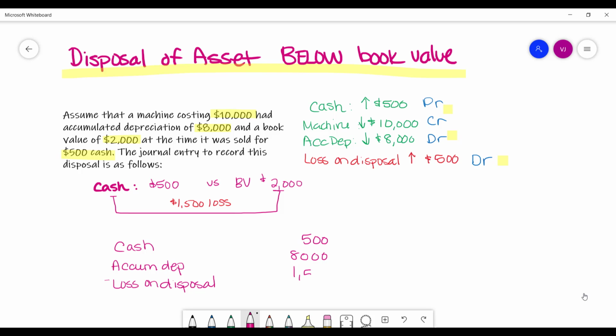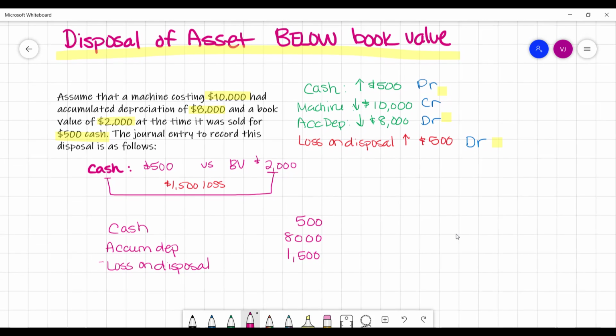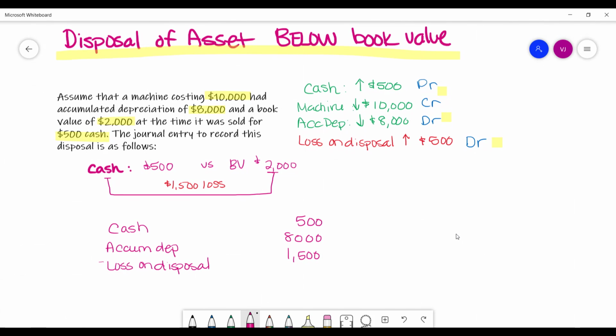That's a loss of $1,500. And then we'll finish off that entry by crediting machinery for $10,000.